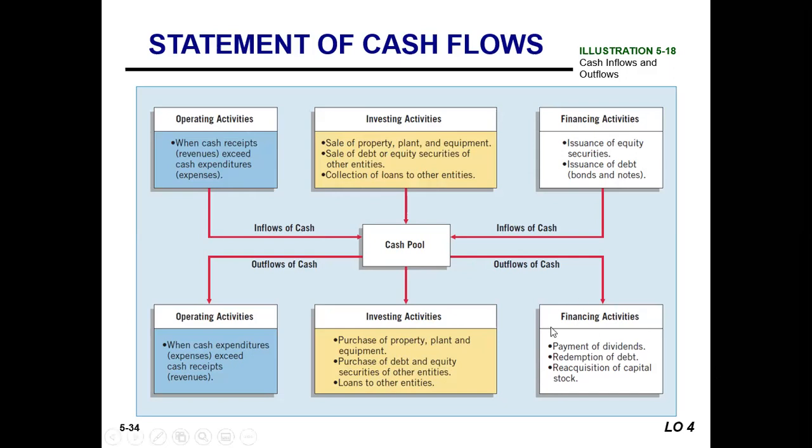Financing outflows: payments of dividends, redemption of debt, which is when we pay off debt, or reacquisition of capital stock. This is like a treasury stock purchase. With treasury stock, we're repurchasing or reacquiring our common stock or our preferred stock, right? We're repurchasing our stock.